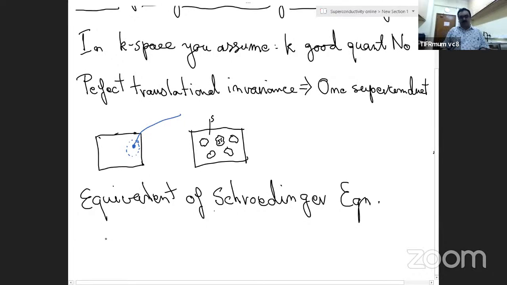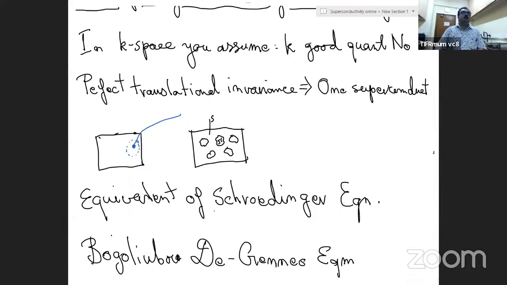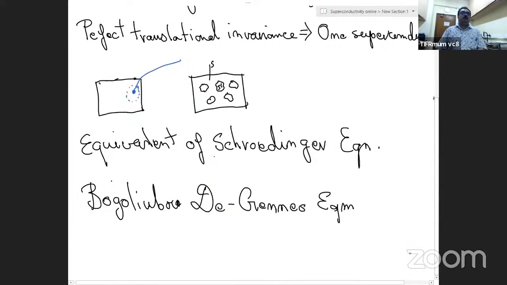This was done by Bogoliubov and de Gennes, and this is what we know as the Bogoliubov-de Gennes equation. This is what we will derive today.